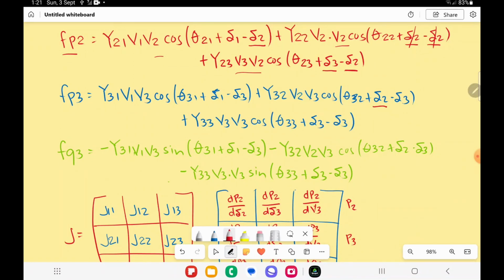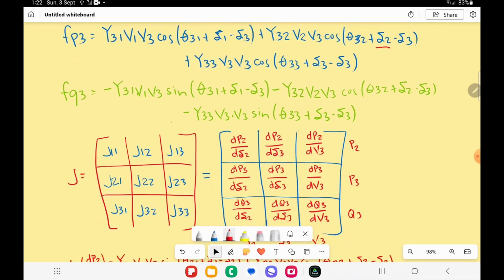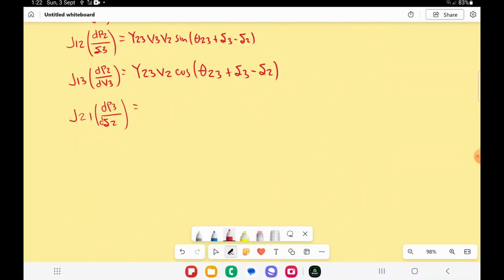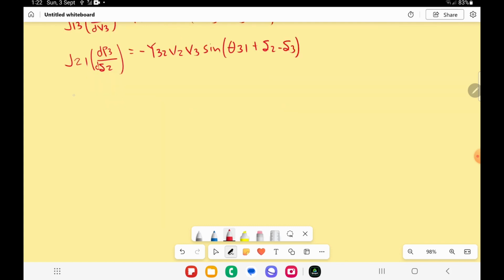So the derivative of cosine is negative sine. So this will become negative Y32 B2 B3. So J21 is negative Y32 B2 B3 sine theta 31 plus delta 2 minus delta 3.